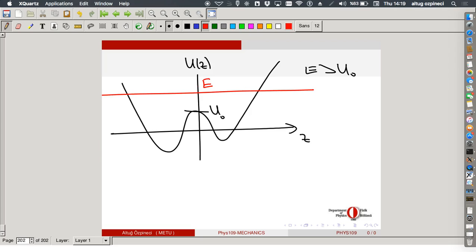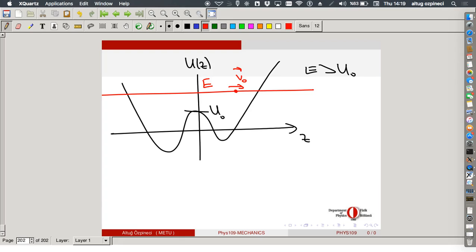This is the energy of some particle. Let's imagine that at t equal to 0, we start the object from this point and it is moving with some velocity v0 in the positive z direction.